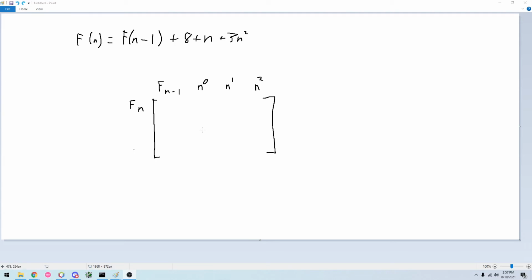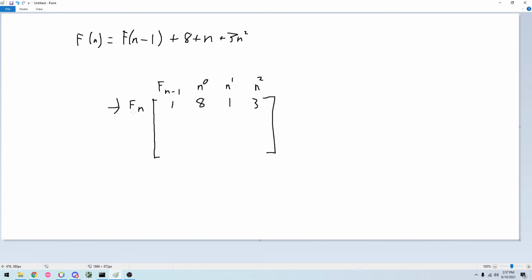So at this part of the video, I made a mistake on the transition matrix for this recurrence relation right here. So if we go ahead and fill this out, this first row will be our definition for f of n. So we have 1 times f of n minus 1 plus 8 times n to the 0 plus 1 times n to the first plus 3 times n squared.